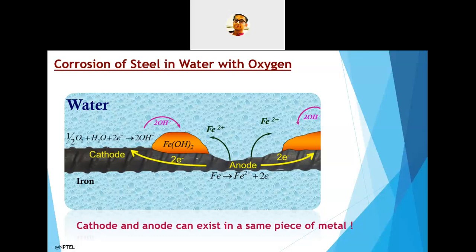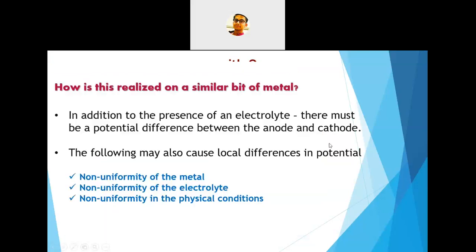We can have an anode and cathode on either side based on the potential difference, because the potential at the cathode and anode will not be the same. The following may be the reasons. The first reason is the non-uniformity of the metal, the second is the non-uniformity of the electrolyte, and the third is the non-uniformity of the physical conditions. We'll see them one by one.